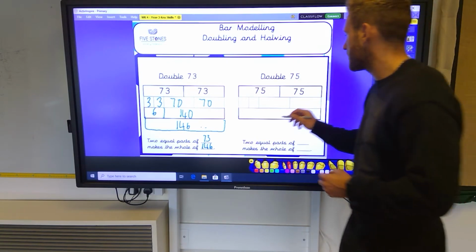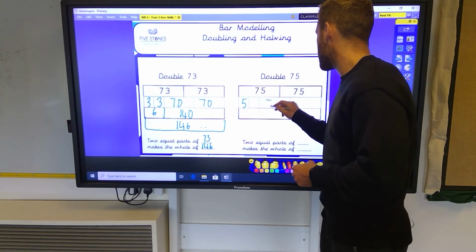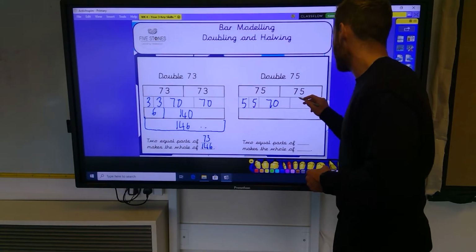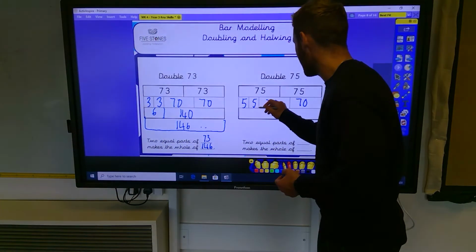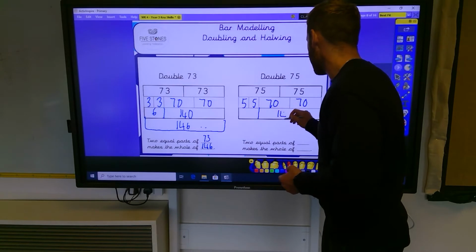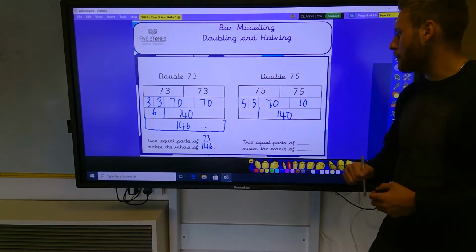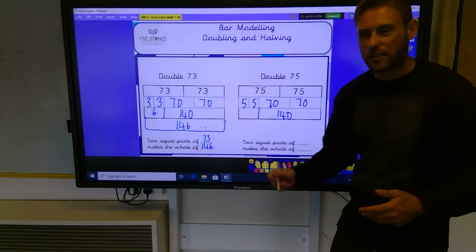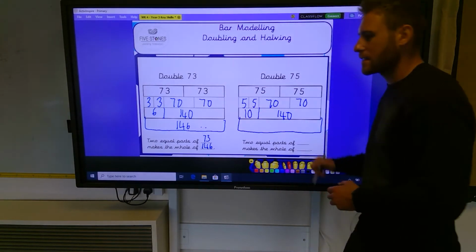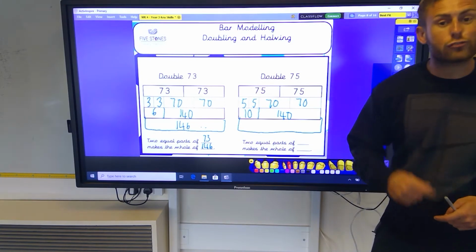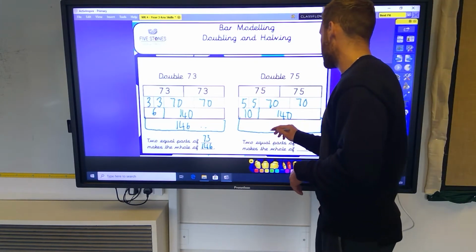Great, we'll partition 75 into 5 and 70. We should know double 70 is now. Yes, it was 140, wasn't it? Remembering that from the previous problem I modelled before. And double 5 is 10. And 140 and 10 is 150.